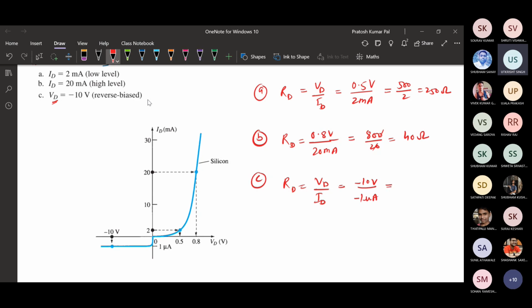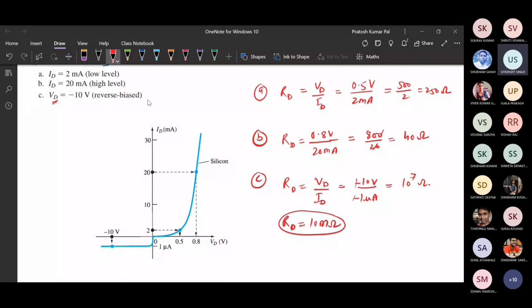The minus signs cancel out, so it will be 10 to the power 7 ohm, or RD equals 10 mega ohm.